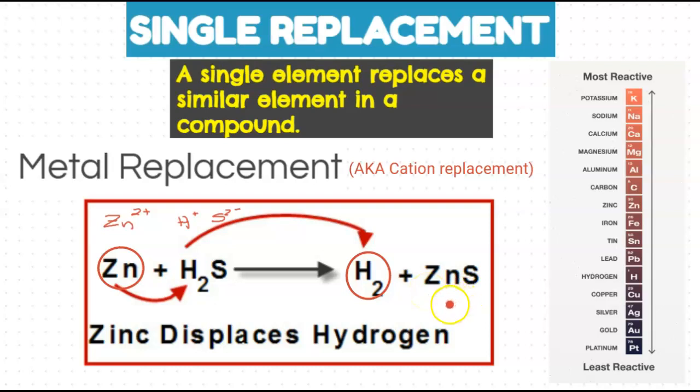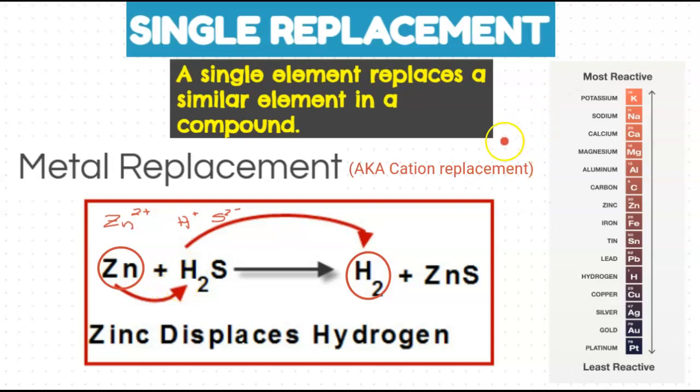So they traded places, right? This is written as H2 because it is one of the Brinkelhoff 7. Zinc sulfide is written as ZnS because it was a +2 and a -2. All right, we do have several examples of these, so be patient and get this example down.